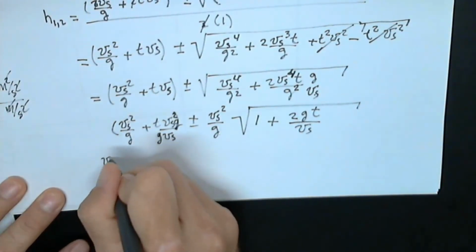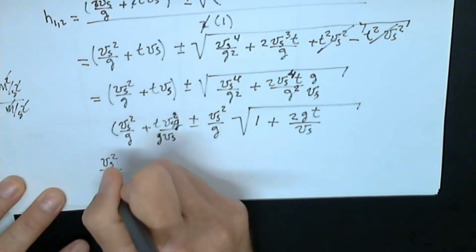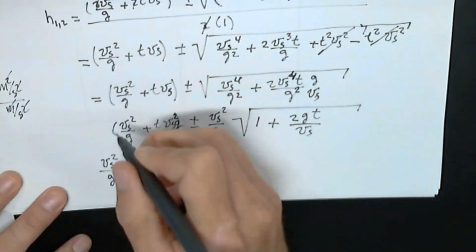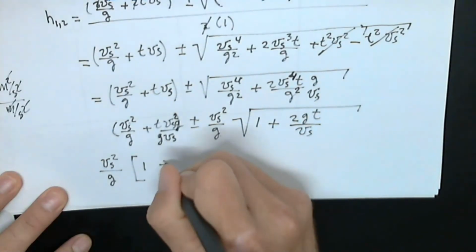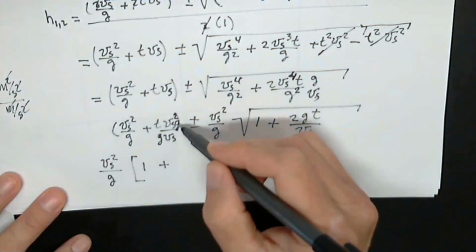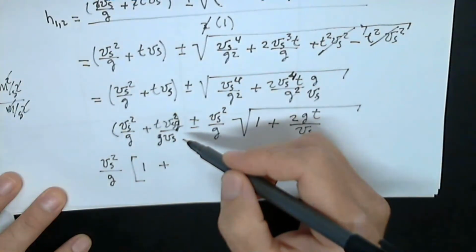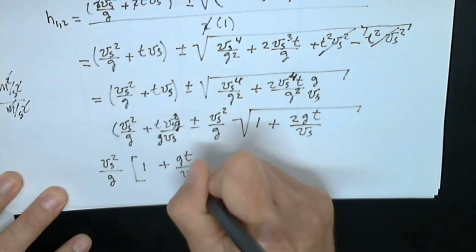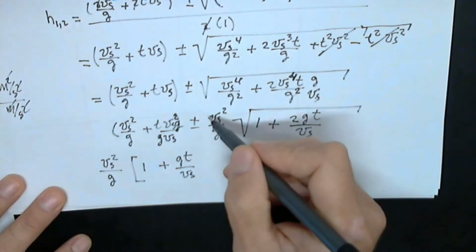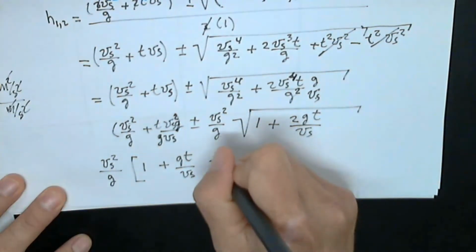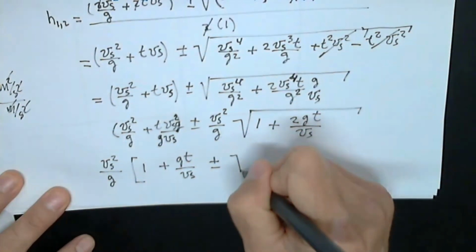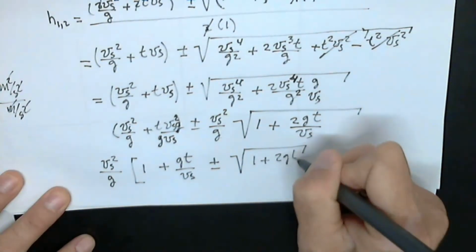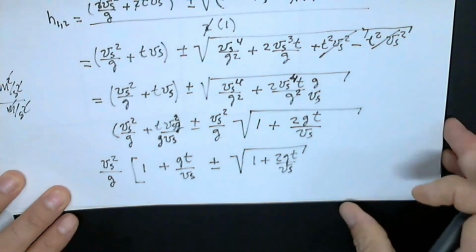And now we take bs squared over g, 1 plus, and over here I get gt over bs, and I took this one out, it's plus minus square root of 1 plus 2 gt over bs.